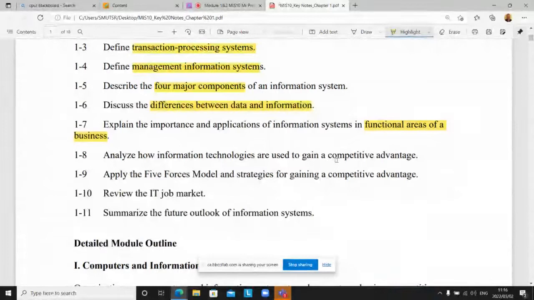Okay. Students, I think the most important part of these two chapters that we're going to cover is competitive advantage. How are we going to use computers and what systems are we going to use to gain a competitive advantage in the marketplace?